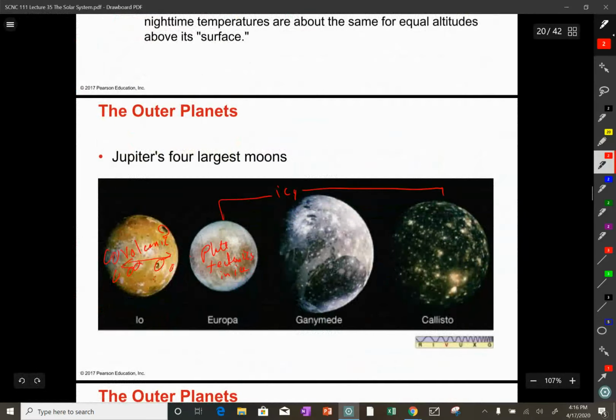The other two out here, Ganymede and Callisto, are very large, and the farther away they get, the less flexing they have. Callisto has a very hard ice surface, no plate action at all. Ganymede, you can see that it has places where it's had impacts that have caused major flooding.